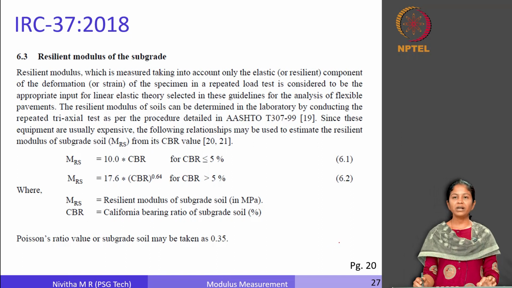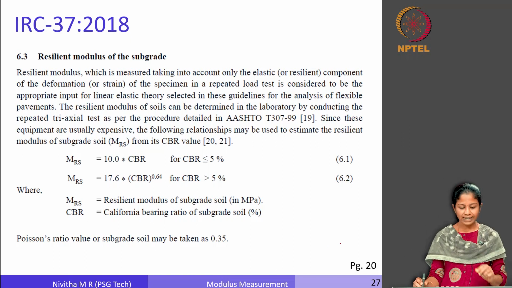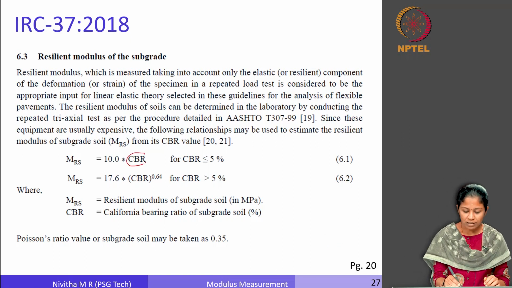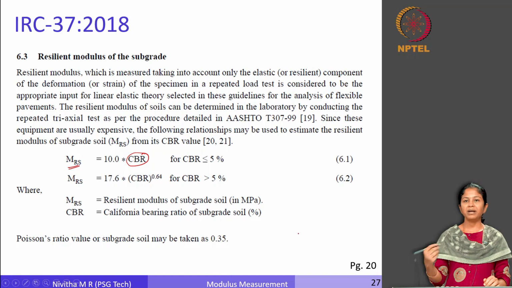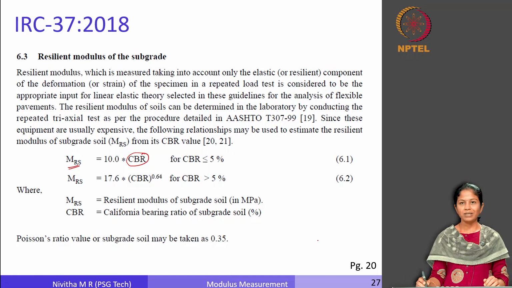Now, if we look into IRC 37 2018, it uses this CBR value to compute a modulus value, because ultimately in design, when we are giving inputs into the design procedure, what we require is a modulus parameter. But this CBR is not a modulus parameter, it is only a relative variation between the given soil of interest and that of a standard material.